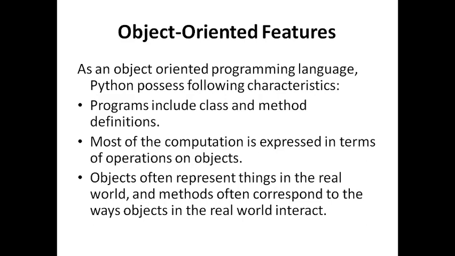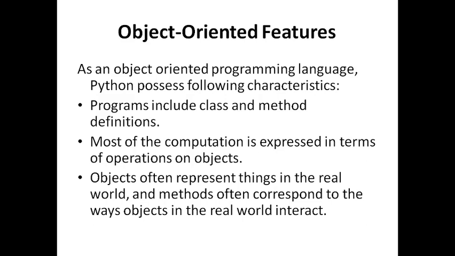Whenever we deal with adding two complex numbers or adding two time objects, we take each and every attribute using the object. That is what we mean when we say most of the computation is expressed in terms of operations on objects.